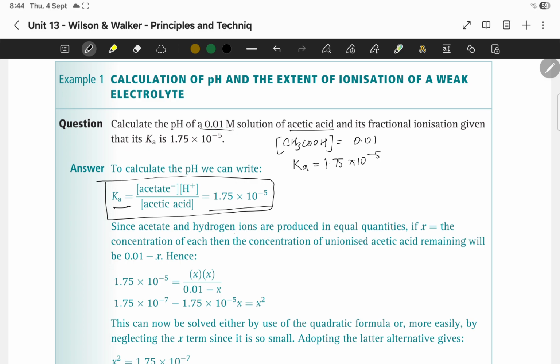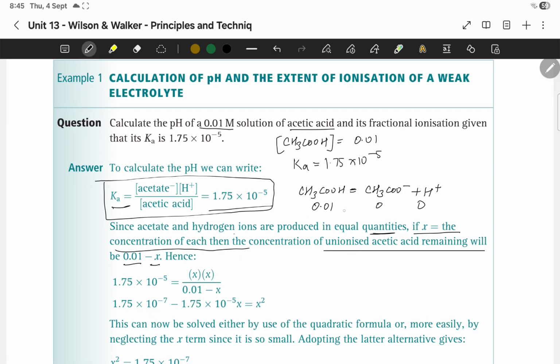Since acetate and hydrogen ions are produced in equal quantities, if X is equal to the concentration of each, then the concentration of the unionized acid remaining will be this total minus X. That's true, because CH3COOH is equal to CH3COO minus plus H plus.